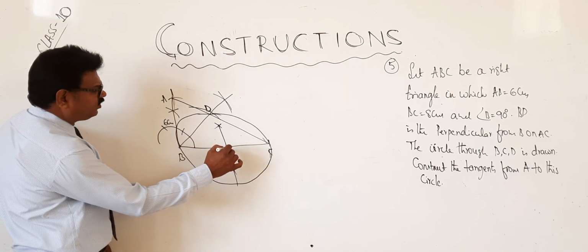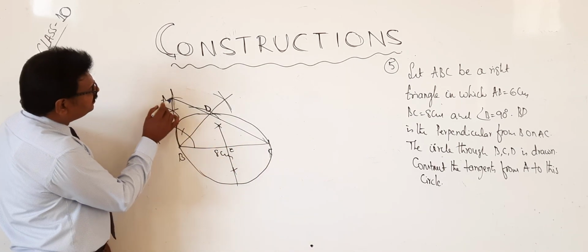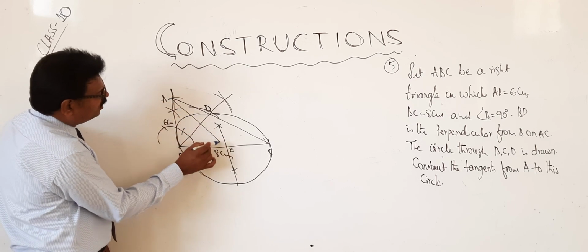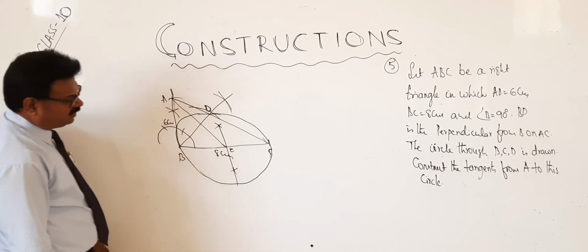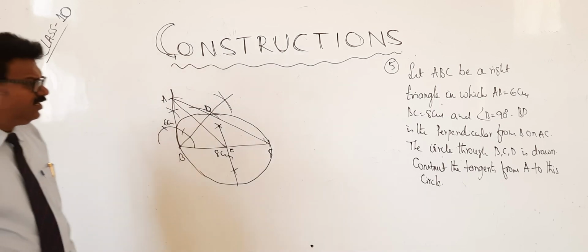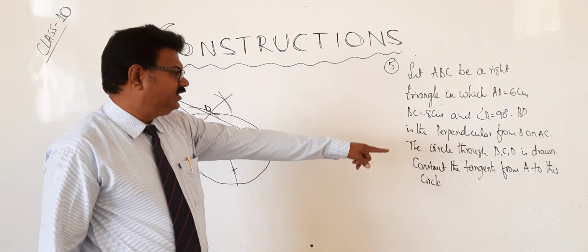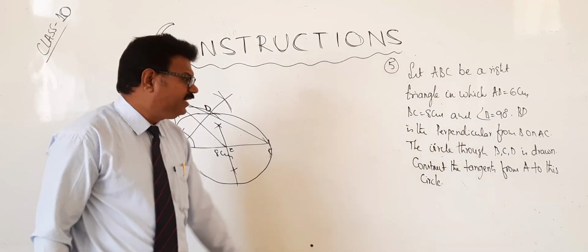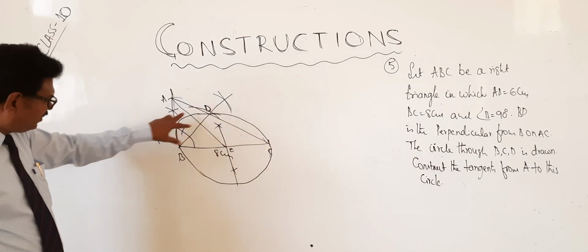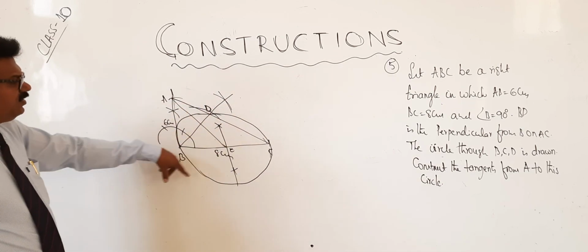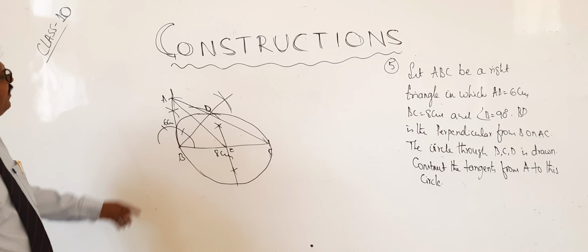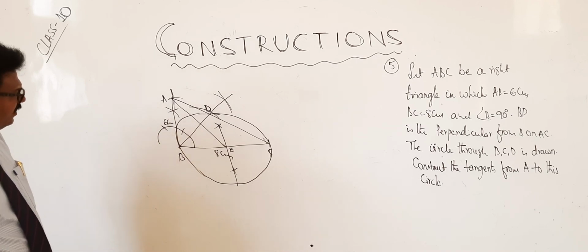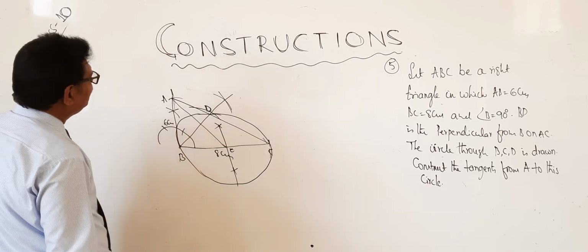This point is known as E. Just join this. Now after joining, see the circle through BC drawn. Construct the tangent from A to this circle. For this circle we have to construct, so directly we can't take. Correct or not? Yes.